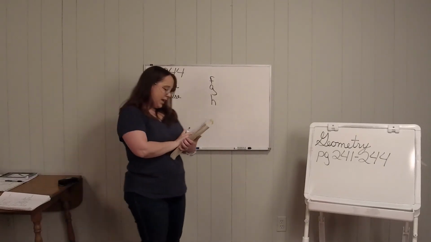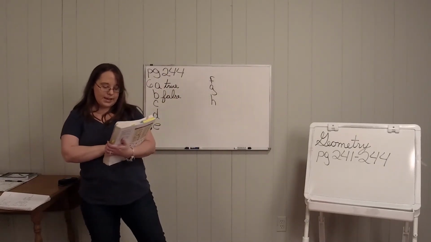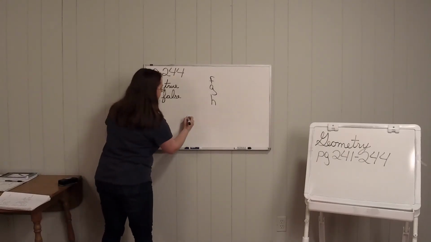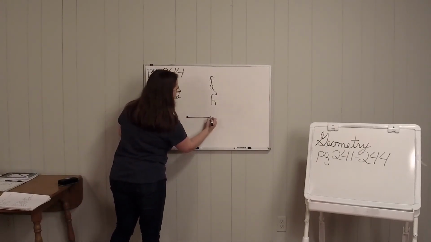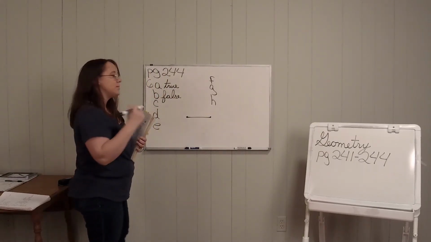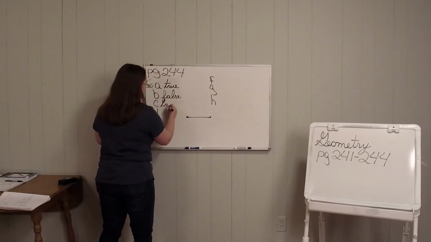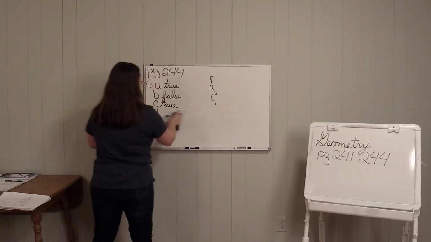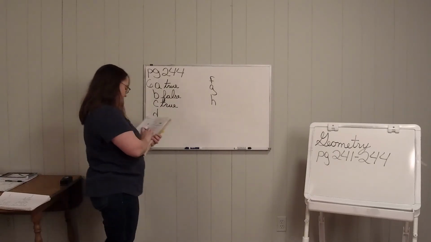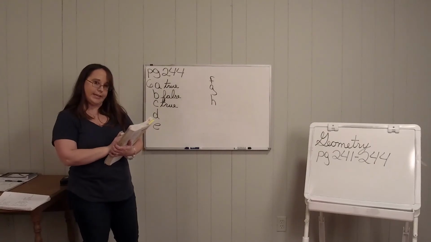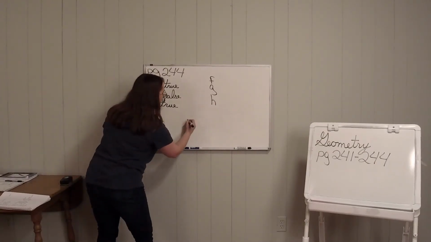C, a line segment has a definite beginning and ending. Here's your line segment. Does it have a definite ending and beginning? Yes, it does, so that's true. D, a ray has a definite beginning and ending. Well, think about the ray.